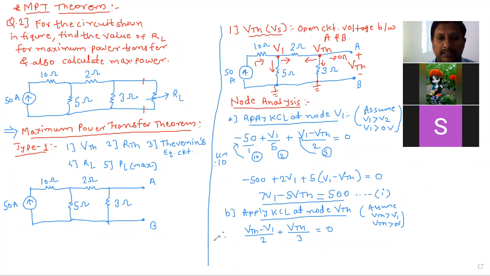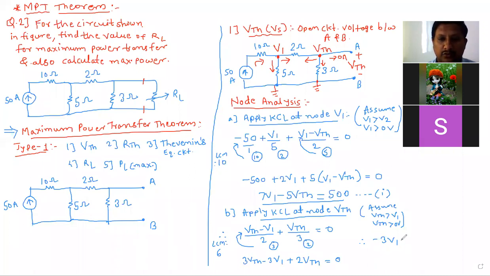So LCM is 6. So you can multiply here 3, here you can multiply 2. So 3 VTH minus 3 V1 plus 2 VTH divided by 6, but right hand side is 0. That's why it will come 0. First of all, you can take minus 3 V1 first, because in the previous equation V1 is the variable at the first position.